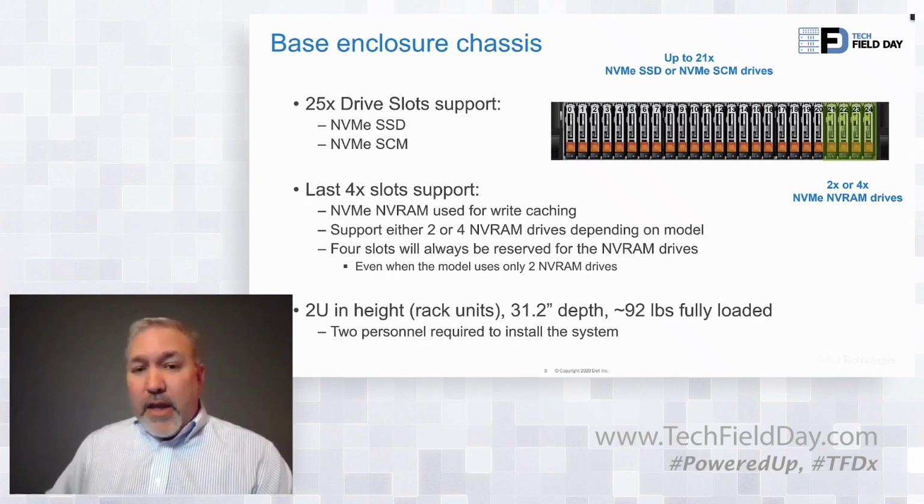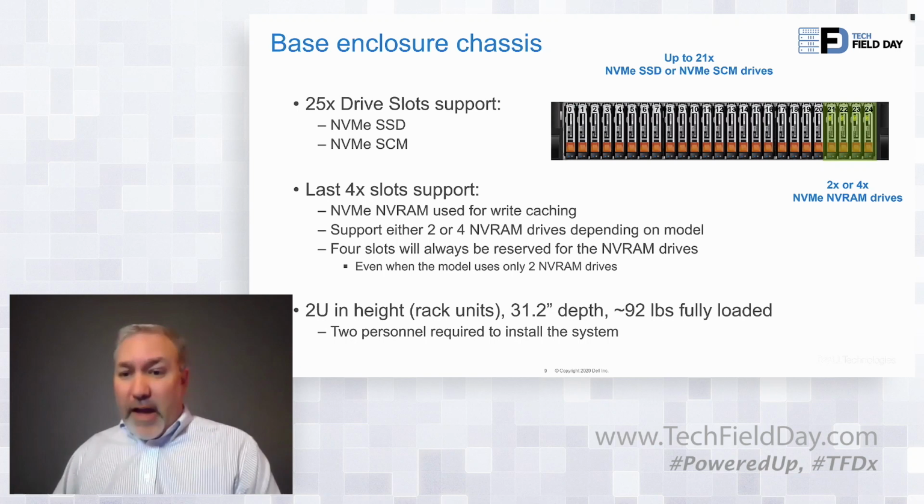If you're in a 1000 or a 3000, you only get 2 of those devices, which are mirrored NVRAM devices. If you're going into a 5000 and up, you get 4 of those devices. We reserve all 4 of those slots. That enables customers to do non-disruptive upgrades from a 1000 to a 5000 or a 1000 to a 9000.